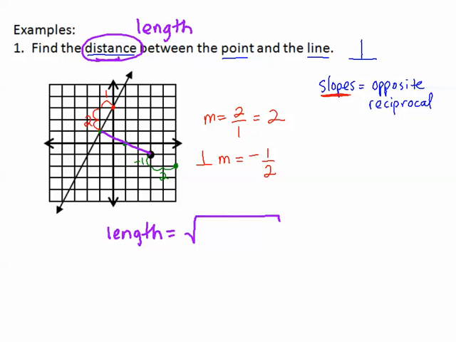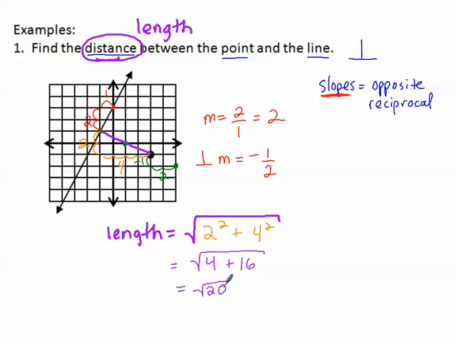So now I'm going to count in my graph how much I go from one point, 2 units, and to the other point, 4 units. So 2 squared plus 4 squared. So let's calculate that. 2 squared and 4 squared. 4 plus 16, that makes square root of 20.